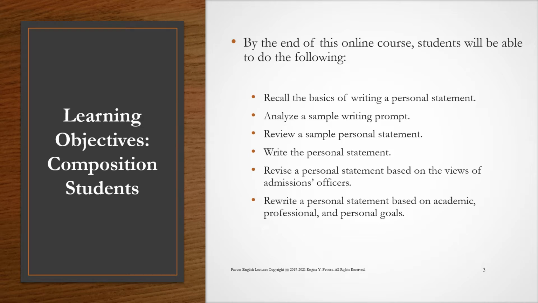And then, of course, you would need to revise, rewrite, and finalize your personal statement based on your academic, professional, and personal goals. And that takes some time to think about as well. So those first 2 years at the community college setting, because I teach this at the community college setting, gives you an opportunity to plan your transition. And so the earlier you can begin thinking about your personal statement, the better. So these are your learning objectives.